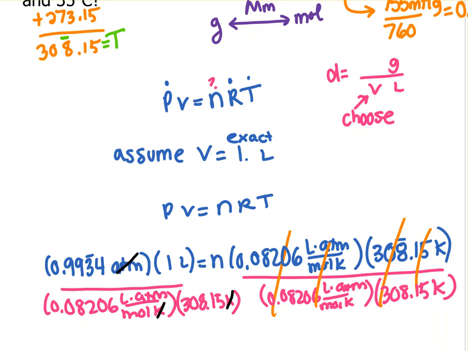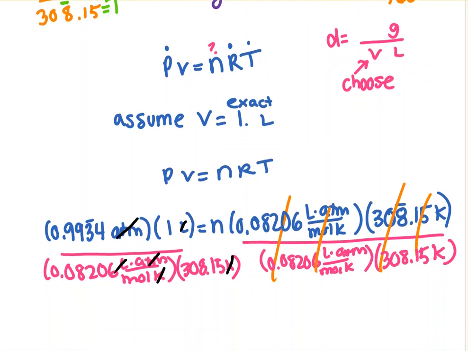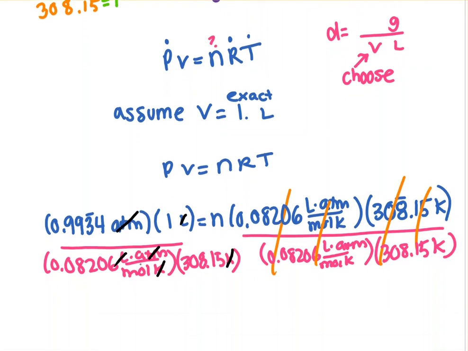This atmospheres cancels with that atmospheres. This liter cancels with that liter. And all that I'm left with is moles, and it's on the bottom of the bottom, on the denominator of the denominator, which means it's really in the numerator if I rearrange that.